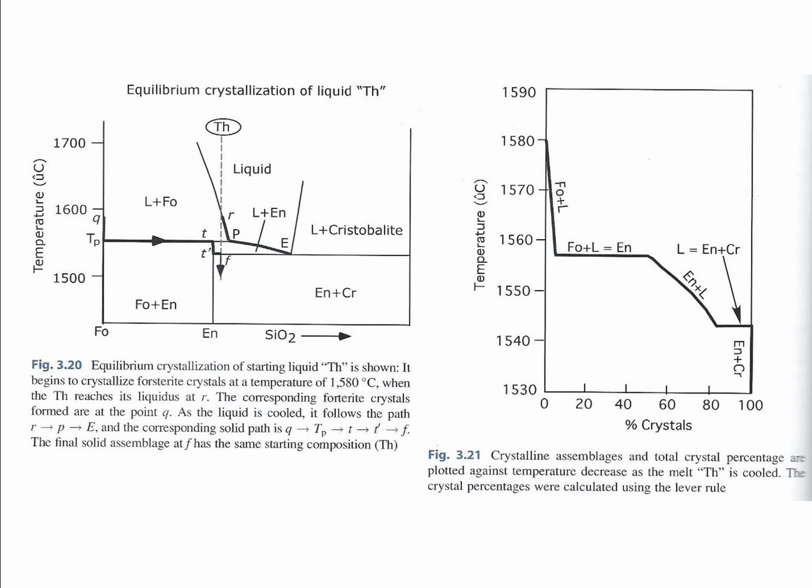When we are going down from TH to this curve at point R, our melt TH reaches the liquidus. And the corresponding forsterite crystals formed are at the point Q.